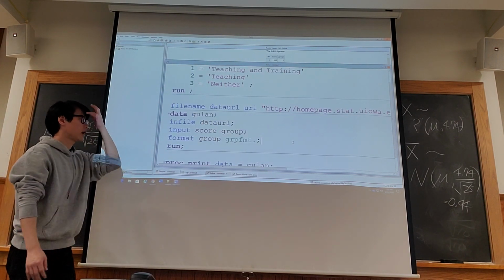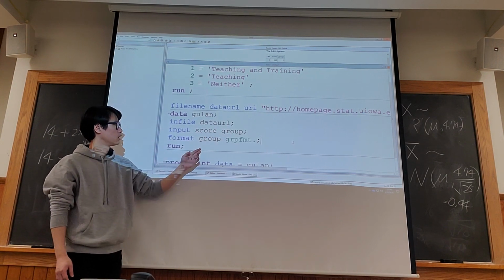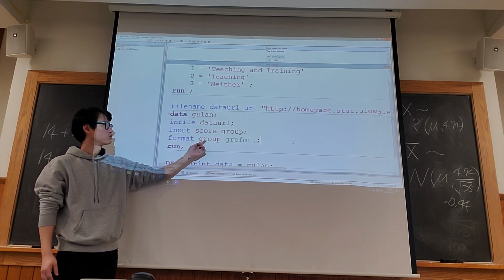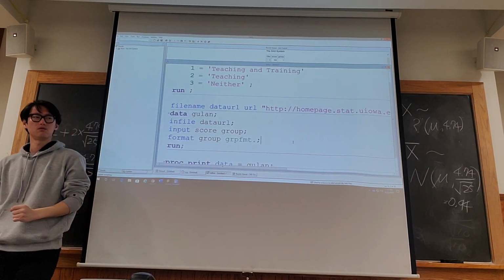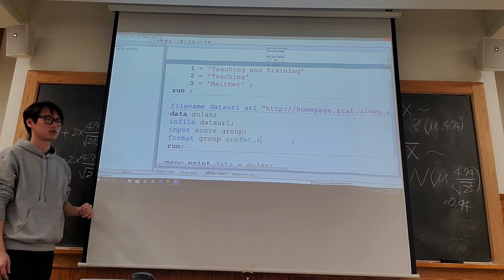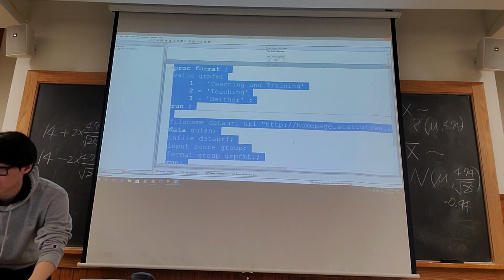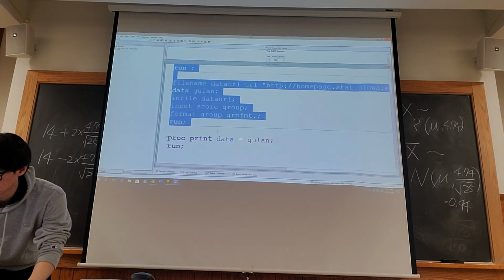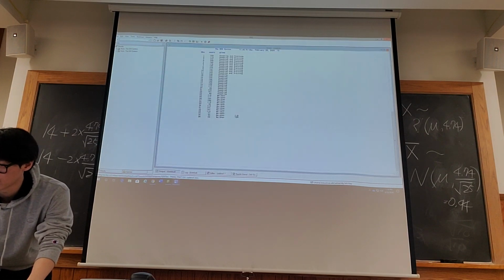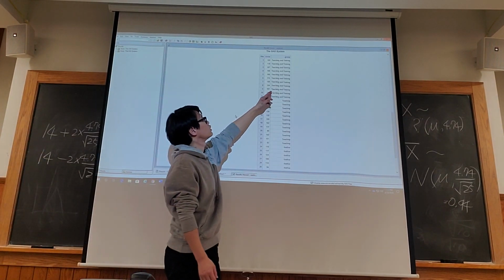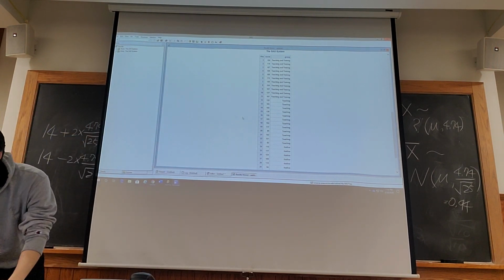So I want to use 2 variables whose names are score and group, but when you load the data, for the group variable, please use the format grp fmt, which I defined before. If I run that and check the data, I'll get teaching and training for group 1, teaching for group 2, and neither for group 3. Okay?